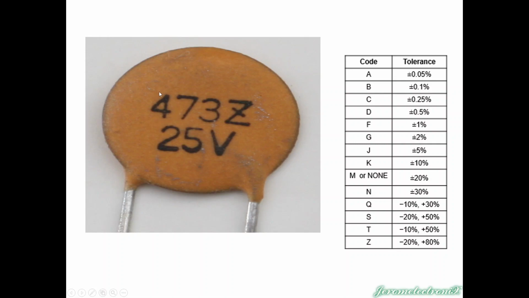So the first number on this capacitor is a 4. We're just going to keep it as a 4. The second number on this capacitor is a 7. We're just going to keep that as a 7. But the third, just like a resistor, is the multiplier. And so that means we're going to tack 3 zeros on it, or multiply by 10 three times, or move the decimal 3 places to the right. It's all pretty much the same thing.